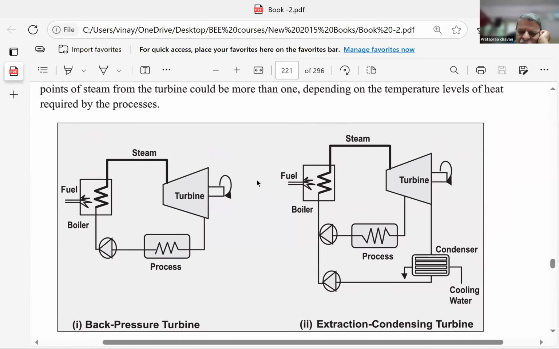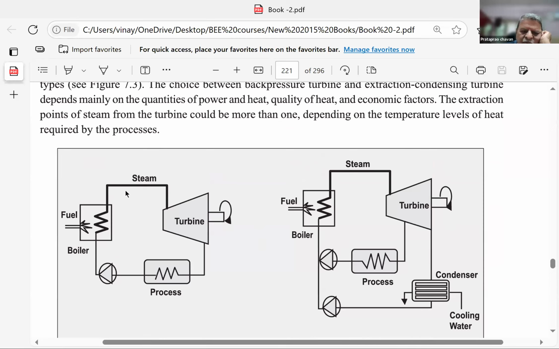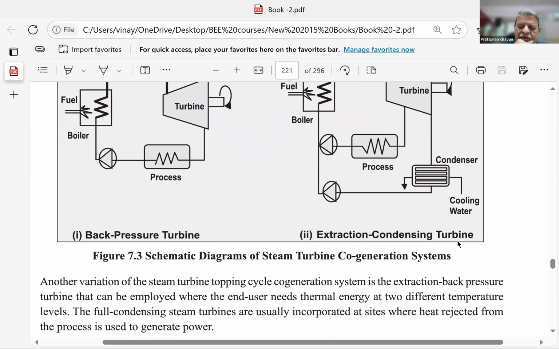Taking the decision whether we should go for this type of turbine or that type will depend on the requirement of that factory. Whether the factory needs only one tapping point for process and the steam is large enough to meet both requirements, that means heat load as well as electrical load, then it is an extraction condensing turbine.